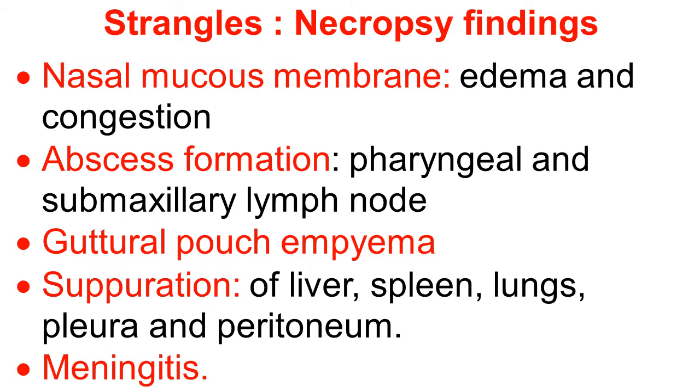This is the characteristic of the disease. The suppurative lesions are also observed in various organs of the body such as liver, spleen, lungs, pleura and peritoneum. In some cases there is meningitis also.